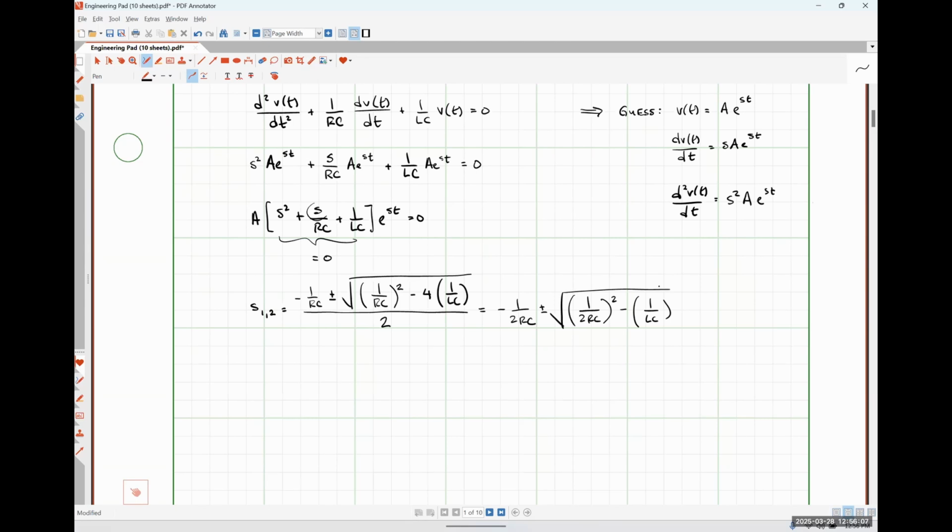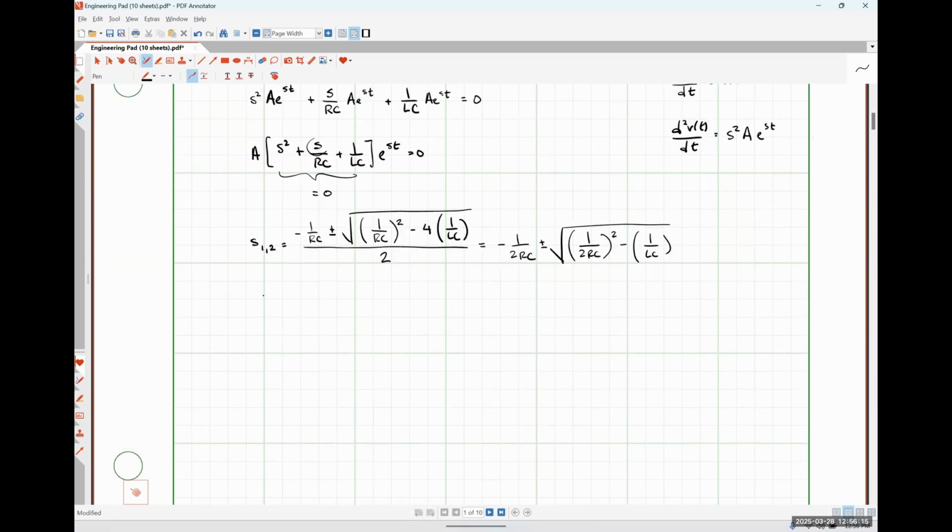So now I want to introduce a couple of quick things here, okay? So we are going to say that there's going to be some term alpha, and alpha is what's called the Neper frequency. It's kind of sort of playing the role of what our time constant was, or the inverse of our time constant, to put it in a better way, back with our RL and RC circuits.